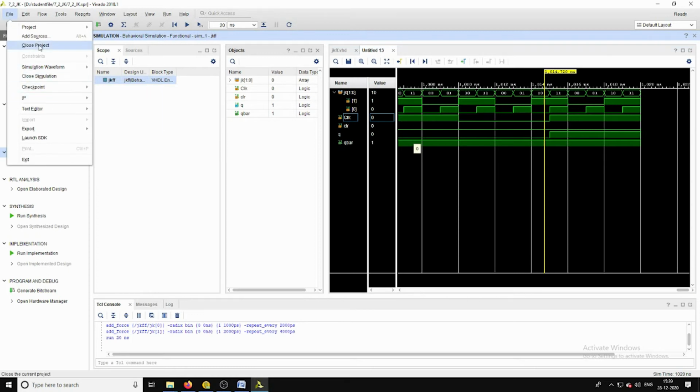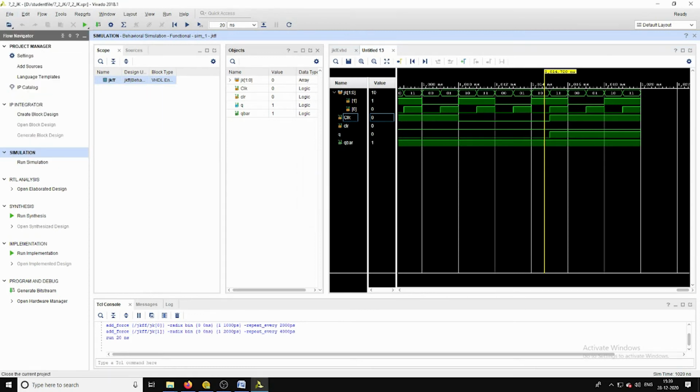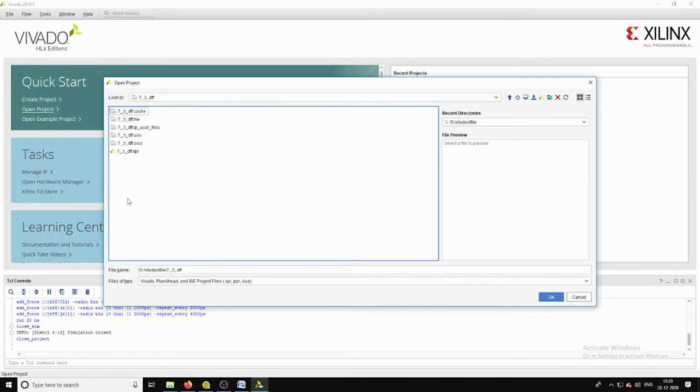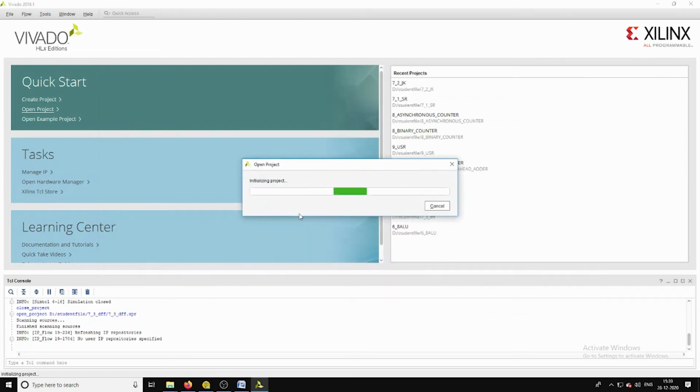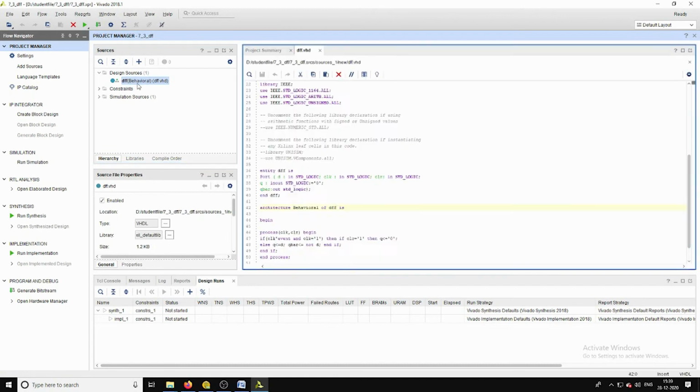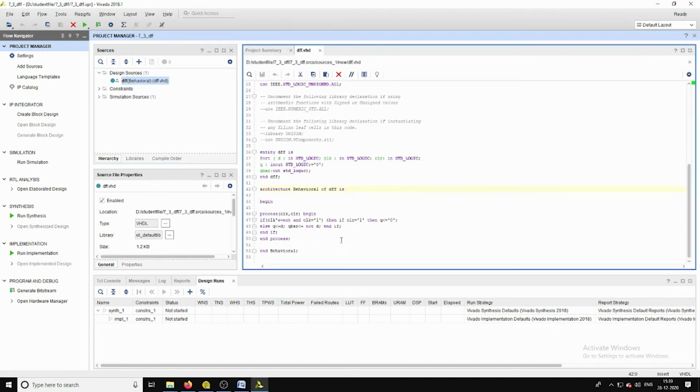Now let us see the other flip-flop also, that is the D flip-flop, and for this we have seen the same input will be transferred to its output, and additionally here we have considered one reset signal, nothing but the clear.